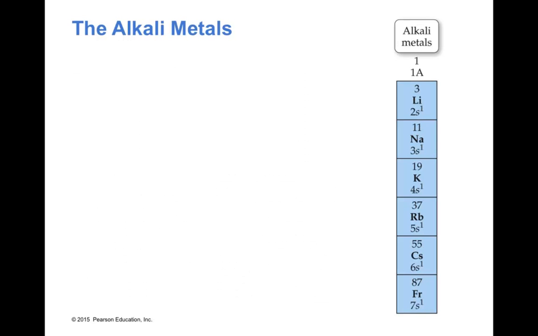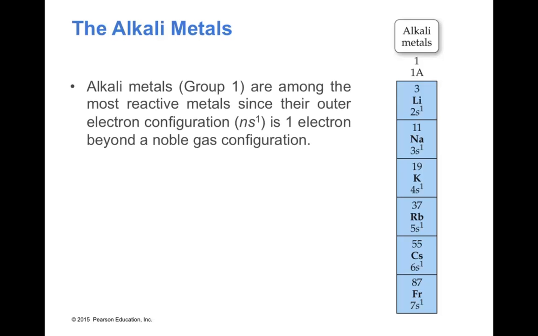The next group is the alkali metals. Alkali metals, group 1, are among the most reactive metals since their outer electron configuration ns1 is one electron beyond a noble gas configuration. So they have two options. They can give that electron, or they can gain 7 electrons. So I think it's easier to give that 1 electron.